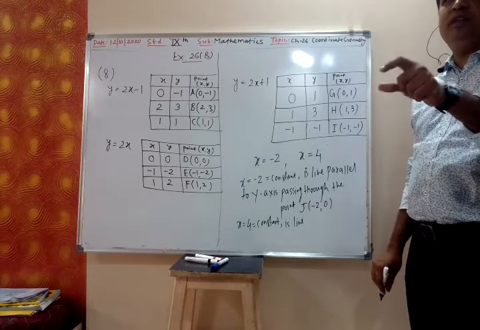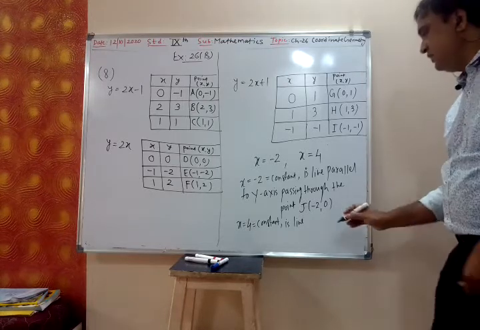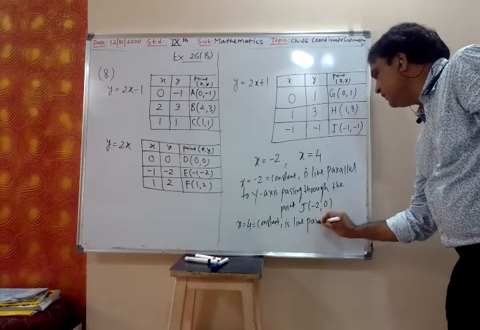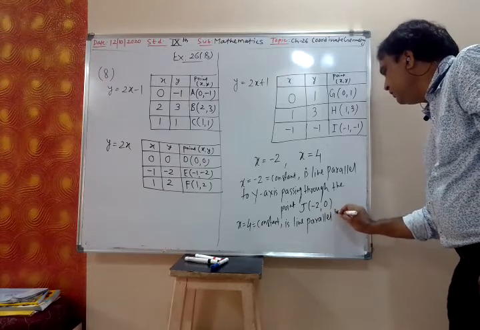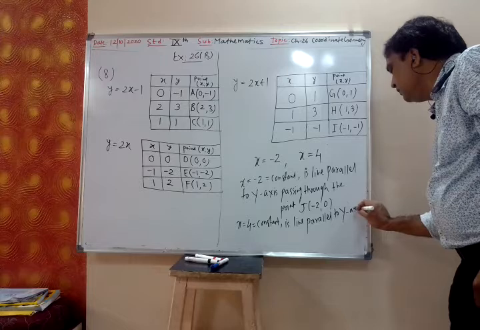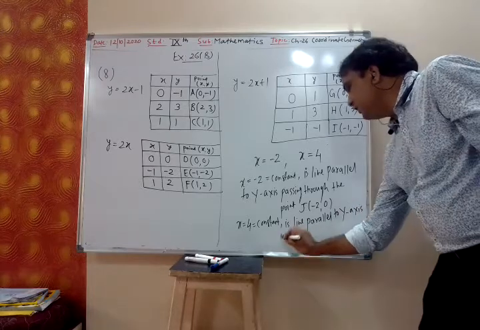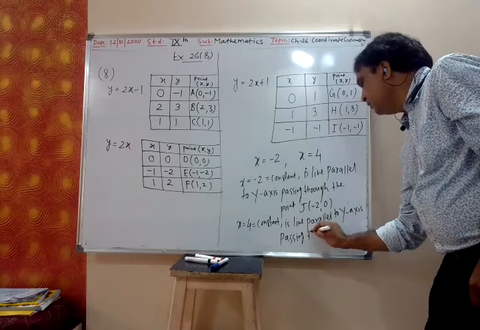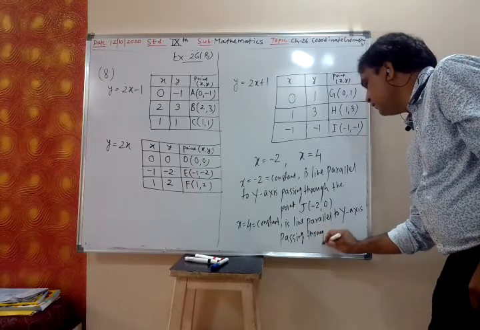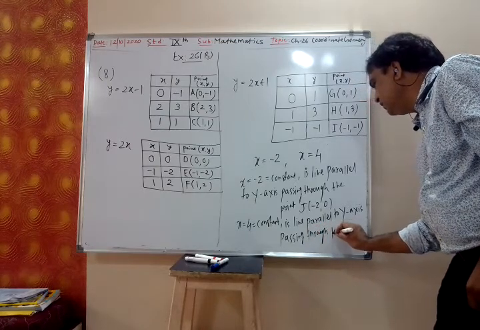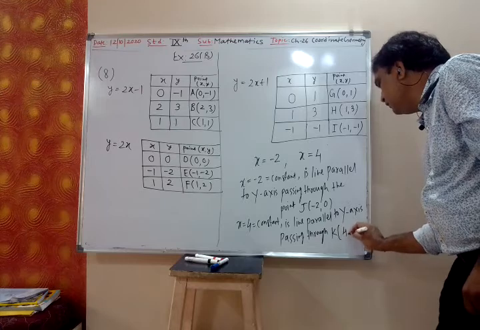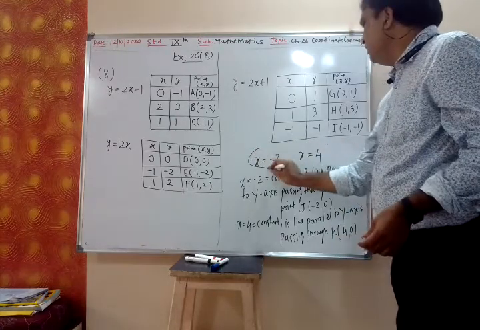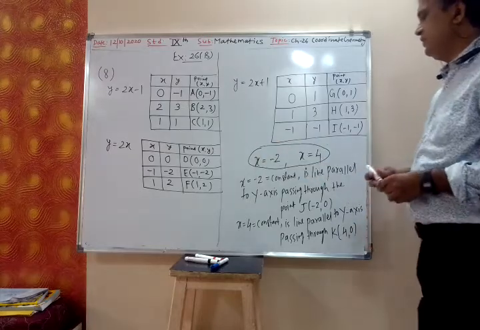Y is equal to constant is a line parallel to the x-axis. So x is equal to 4 is a line parallel to the y-axis, passing through the point K, 4 comma 0. These two equations are given in the question.